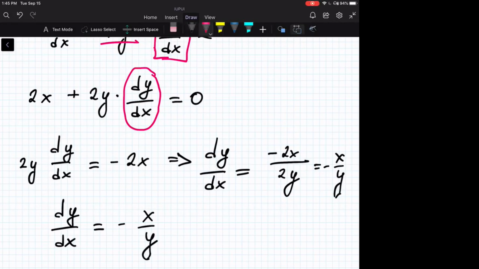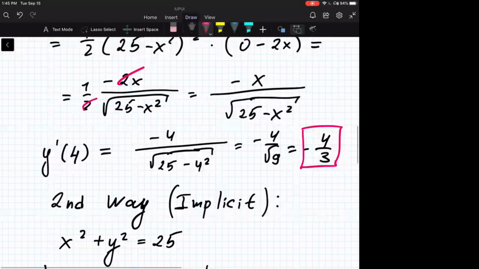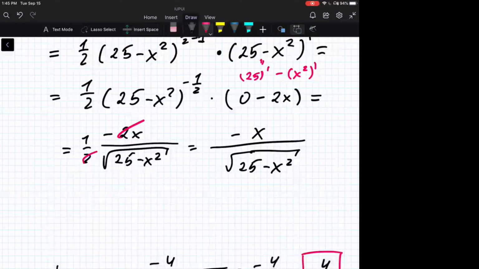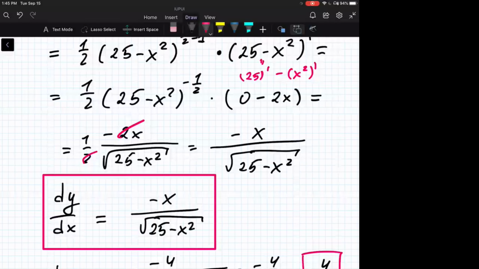And we can already see the difference, because before we got that dy over dx is equal to minus x over square root of 25 minus x squared. That our derivative was expressed in terms of x.